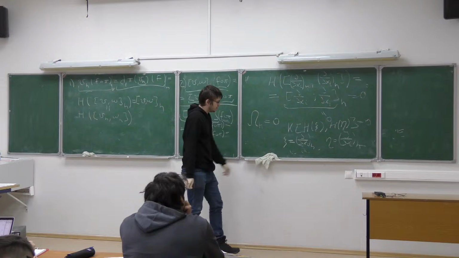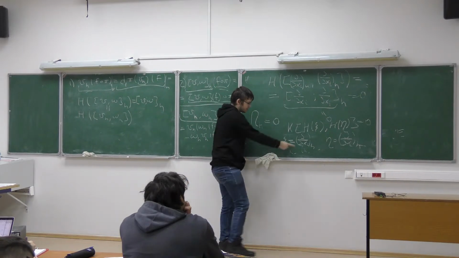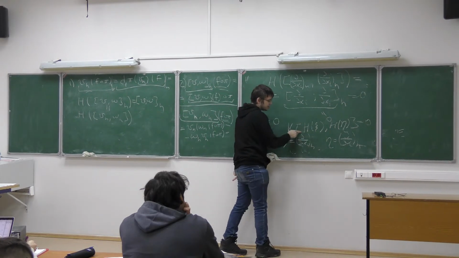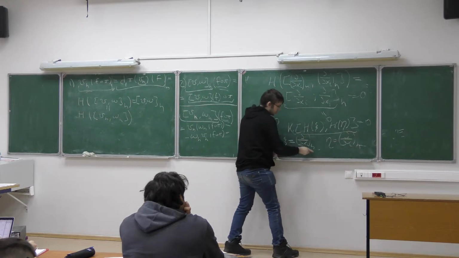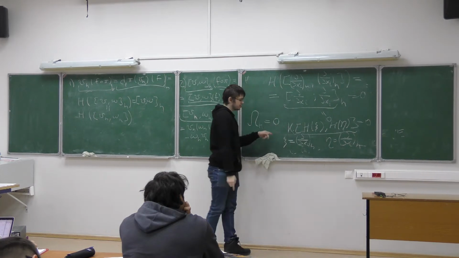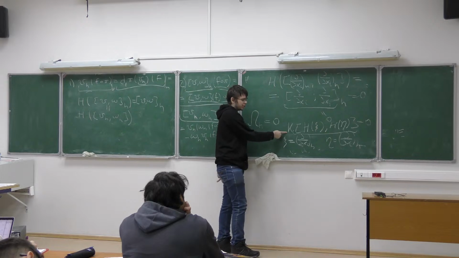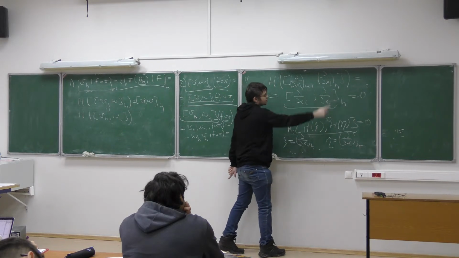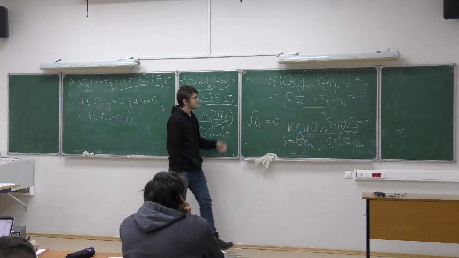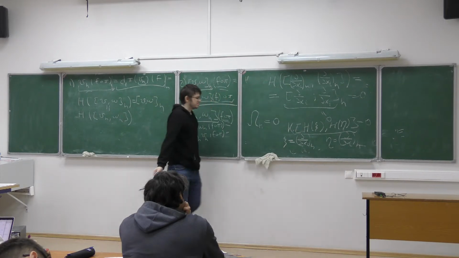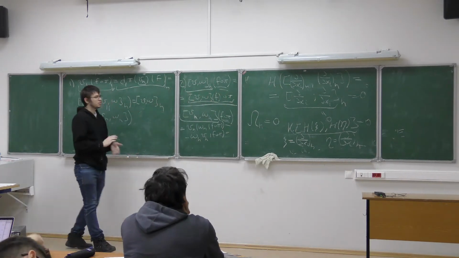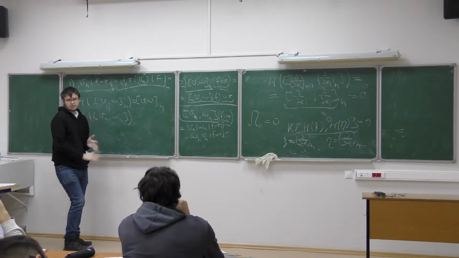They are horizontal, so H does nothing. This is just the commutator, and we get that the vertical part of this commutator is also 0. So the thing is 0. That's all.